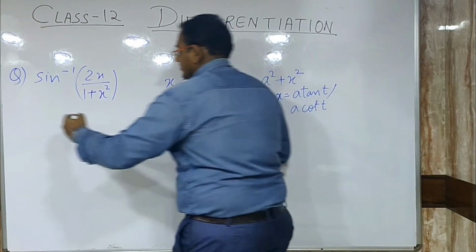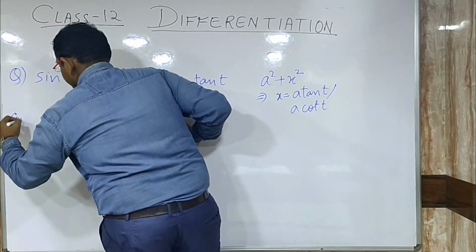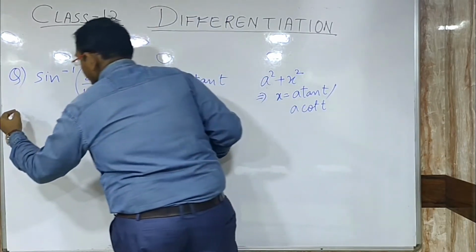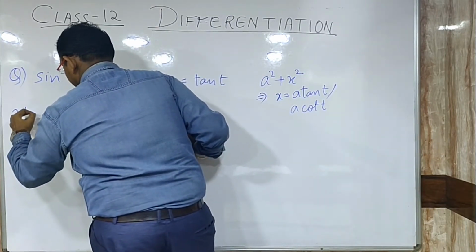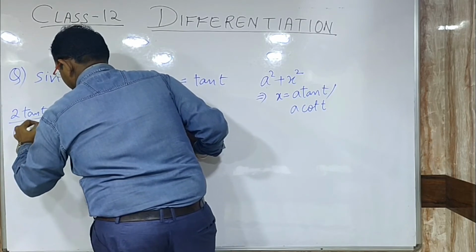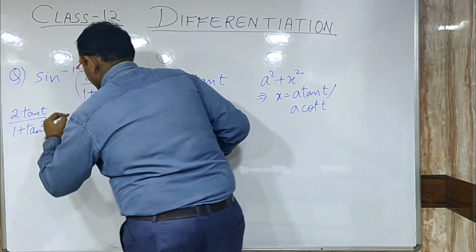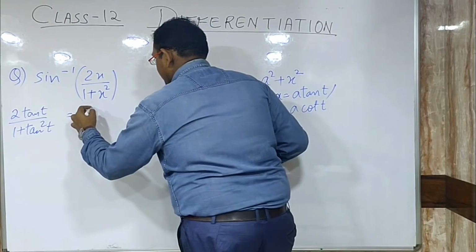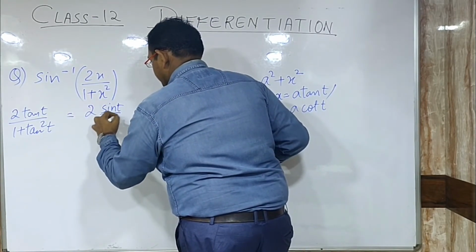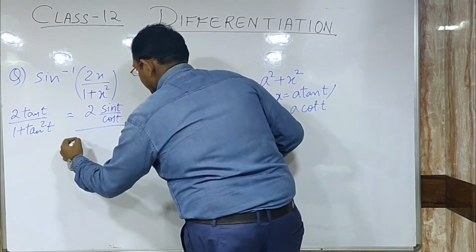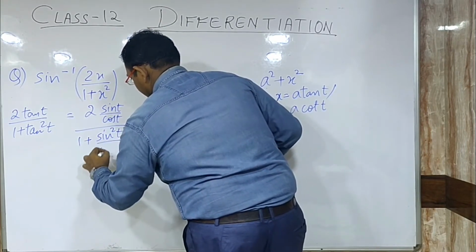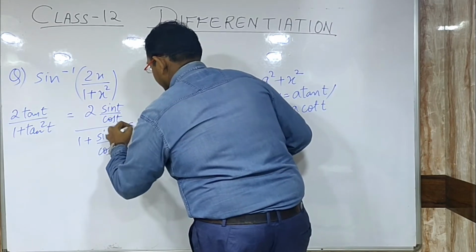Now let us substitute. So this part will become sine inverse, or let me only solve this part. So this is 2 tan t by 1 plus tan square t. Now this can also be written as 2 sin t by cos t, and the denominator can be written as 1 plus sin square t by cos square t.